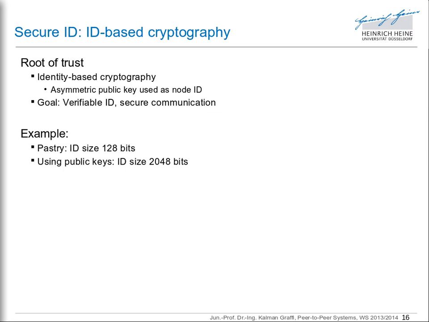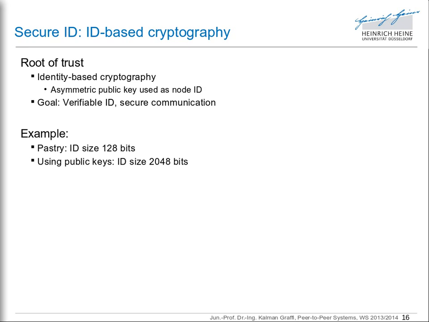Here we have another approach. In this approach, the generation of IDs is deterministic, so a node keeps its ID. This is called identity-based cryptography.